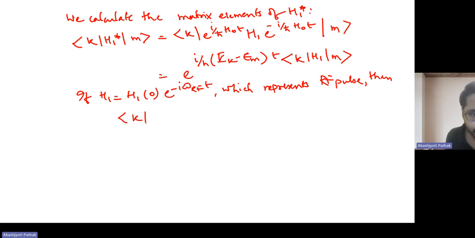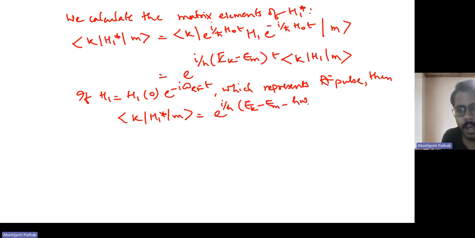I'll get e to the power i by h cross (Ek minus Em minus h cross omega rf) t, and this will be equal to the matrix element k h1 at 0 m.